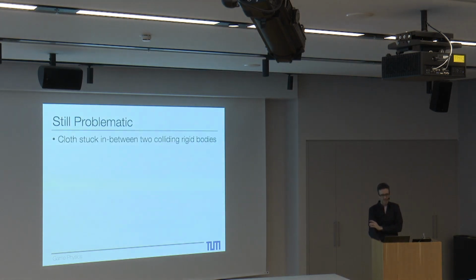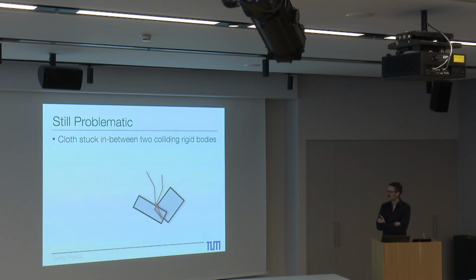Yeah, so this algorithm, despite its improvements, actually still has plenty of problems. Also, what they reported, what is problematic is if you have pieces of cloth stuck between geometries. This sounds unrealistic, but this algorithm was actually used by Pixar, for example, who tried to use this for movies later on, and in characters.